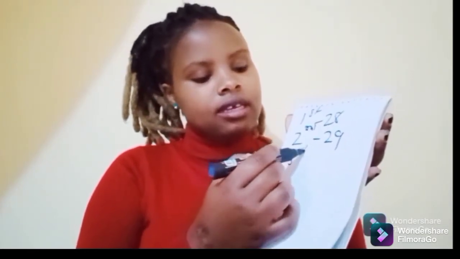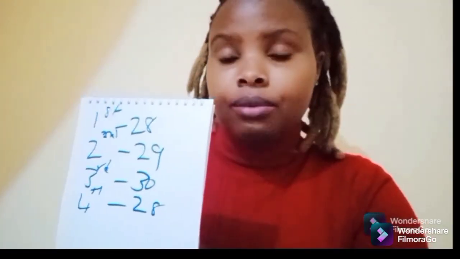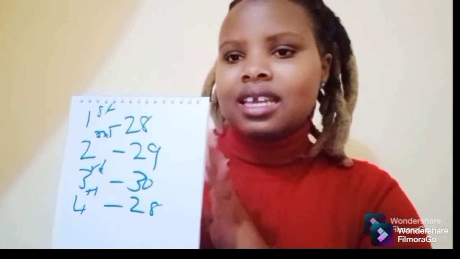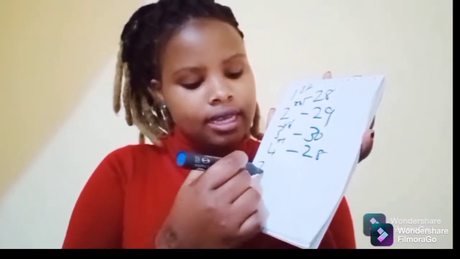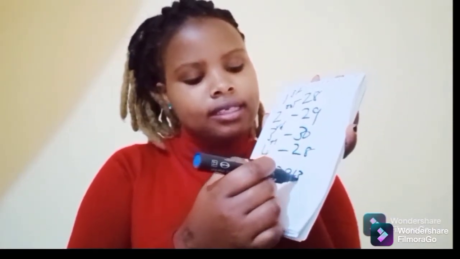Maybe the third you had a 30-day cycle, then the fourth you had a 28-day cycle. When you have this kind of menstrual cycle, you add all those days: 28 plus 29 plus 30 plus 28.